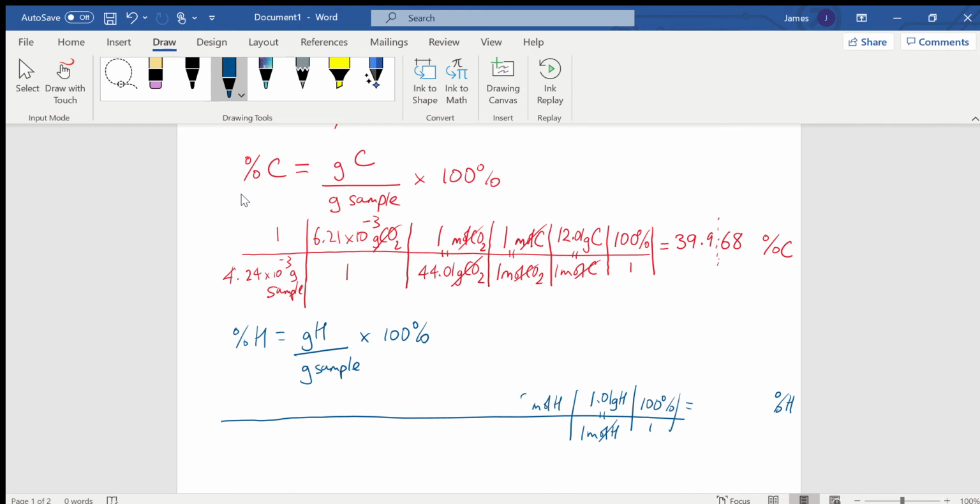I know that there's 2 moles of hydrogen in 1 mole of H2O because there's 2 H's in 1 H2O. So we have mole of H2O up here and we can cancel. I know that 1 mole of H2O has a mass of 18.02 grams of H2O. So we just add the 1 oxygen and the 2 hydrogens, add them all together.